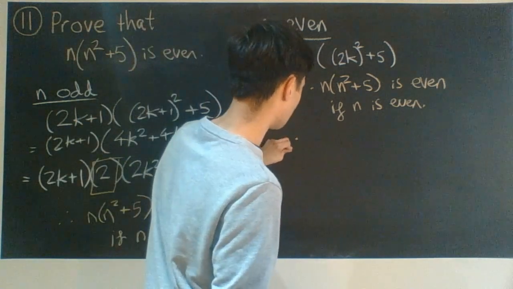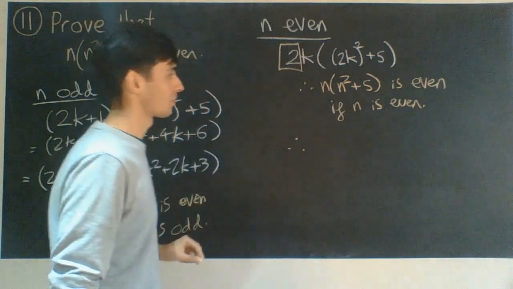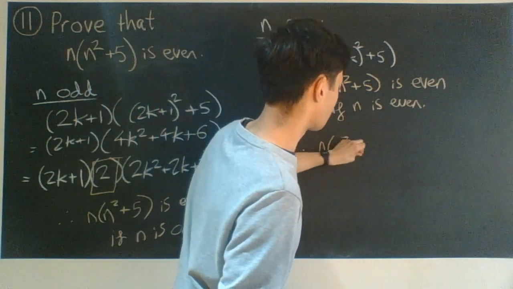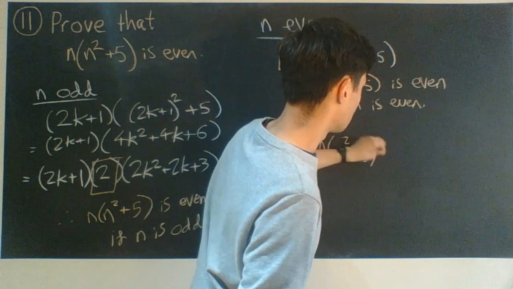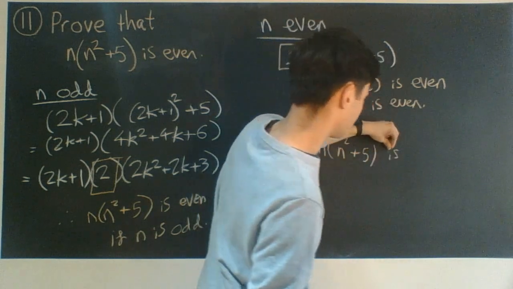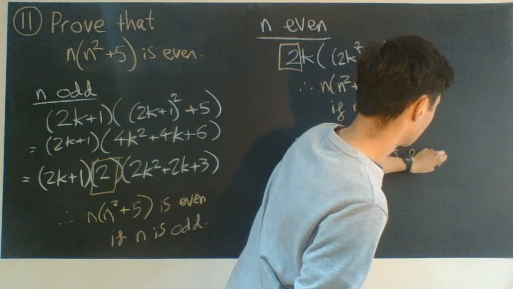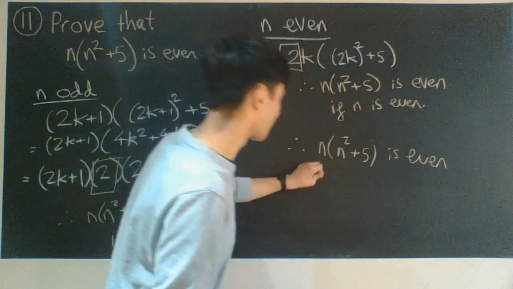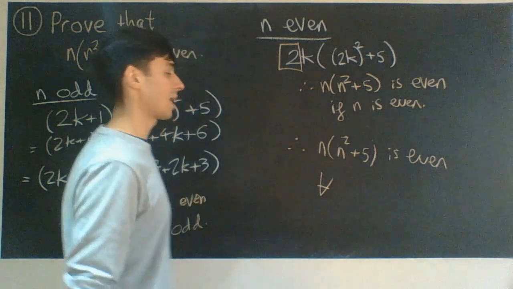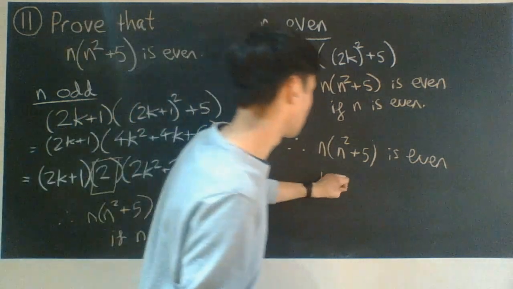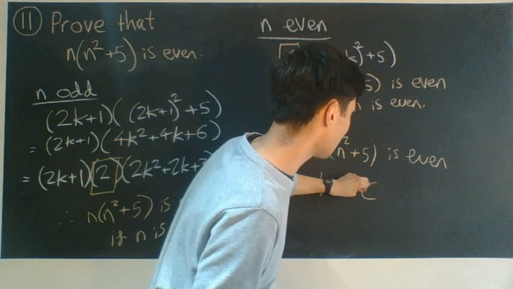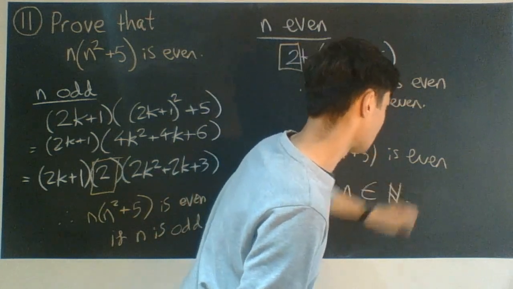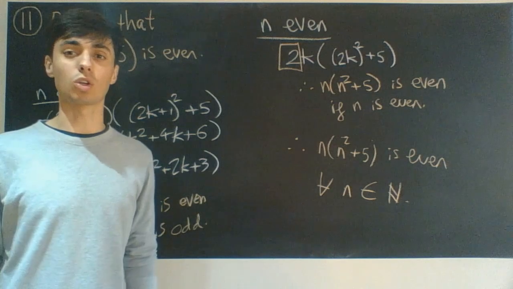So therefore, again we can use our 3 dots, n(n squared plus 5) is even for all, and I'm going to use this fancy upside down A. That means for all the n's which are contained within a set of natural numbers. That's how we can conclude our proof.